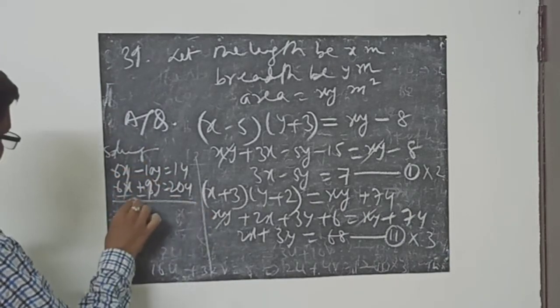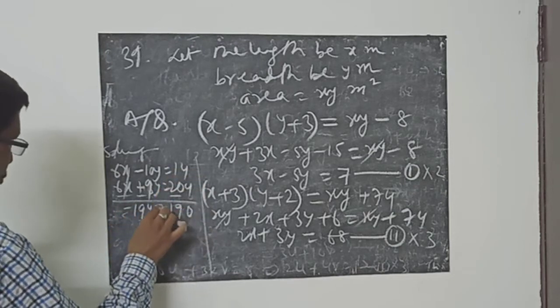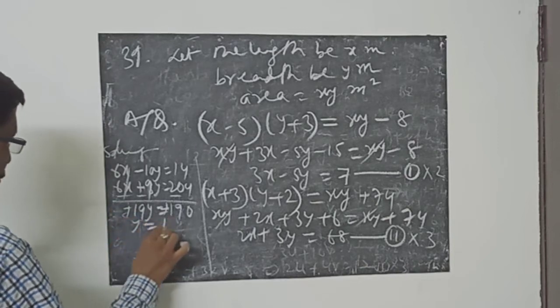If you subtract, minus 19y equal to minus 190, so both minus cancel, so y equal to 10.